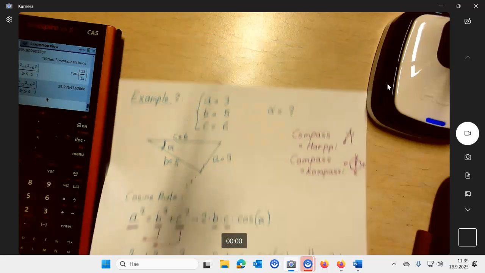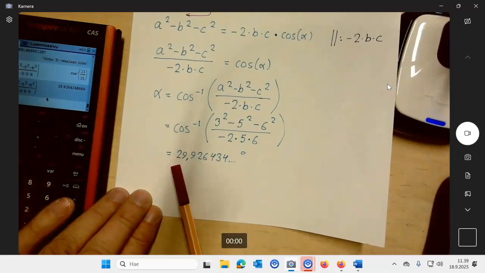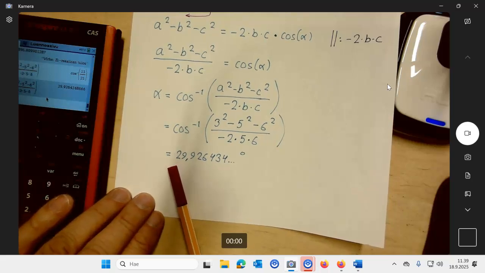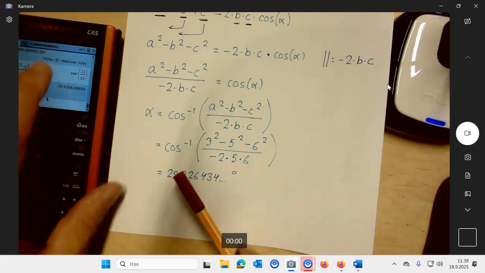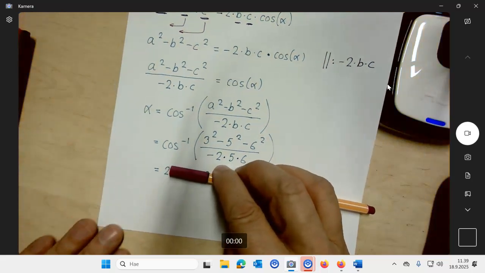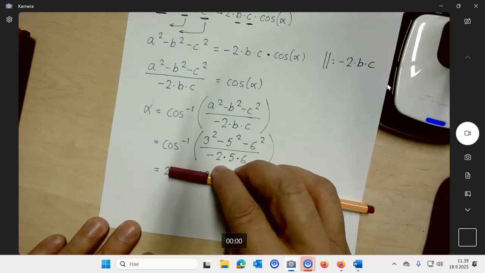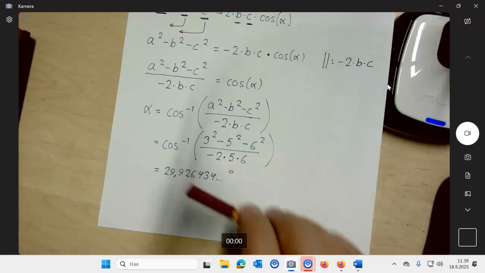So in that case, the value of the angle should also be rounded to only one number of precision. But that is quite boring, because one number is this here, and then we have to round it to tens, so the result will be 30 degrees.